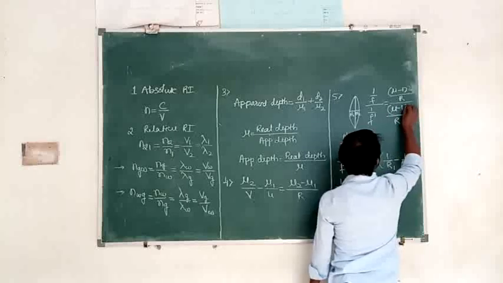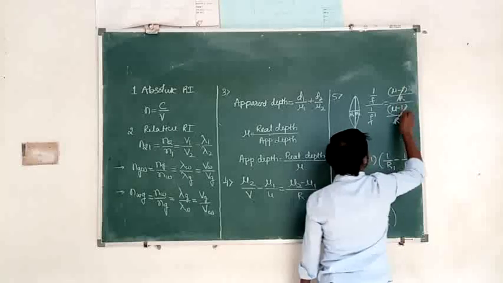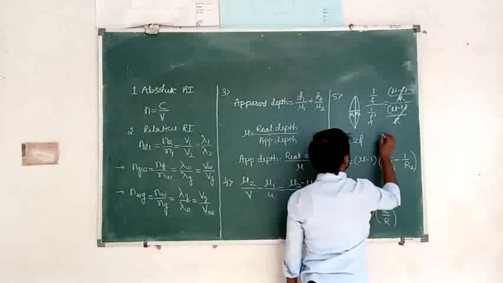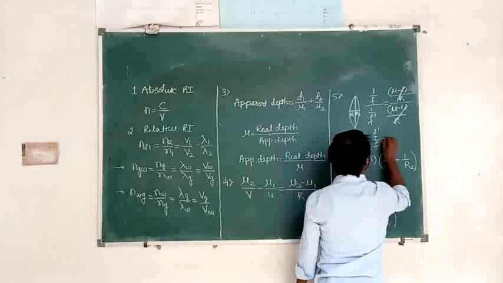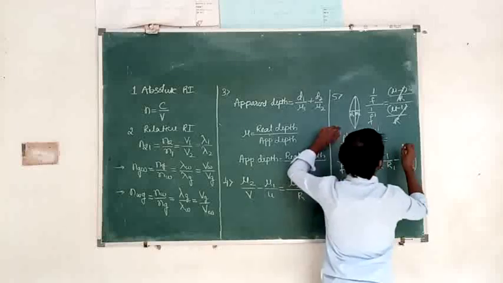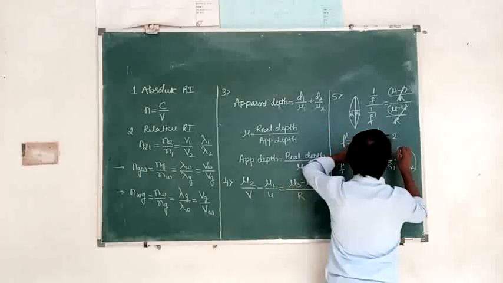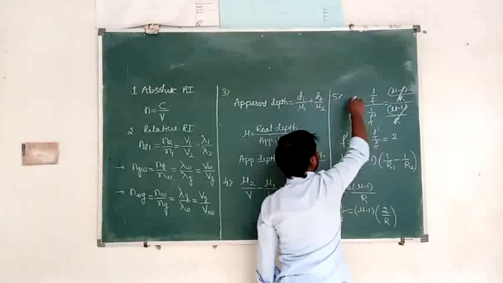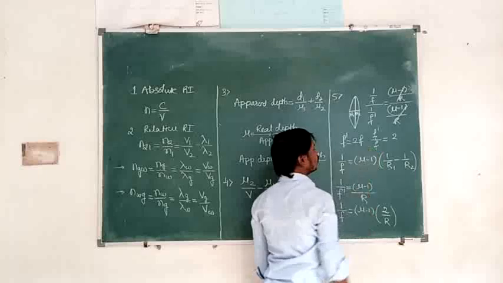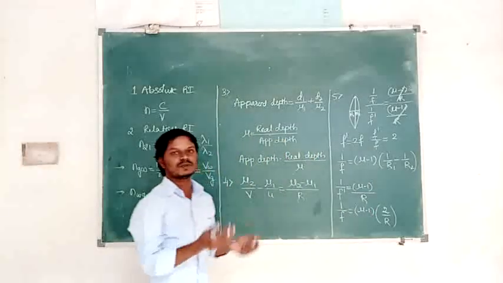Mu minus 1 by r, both get cancelled. This equation can be written as f dash by f is equal to 2. Then f dash is equal to 2f. That means the focal length of each plano convex lens is 2f. So what is the total focal length here?